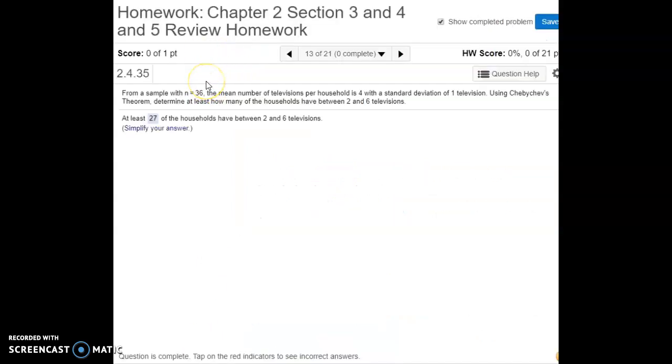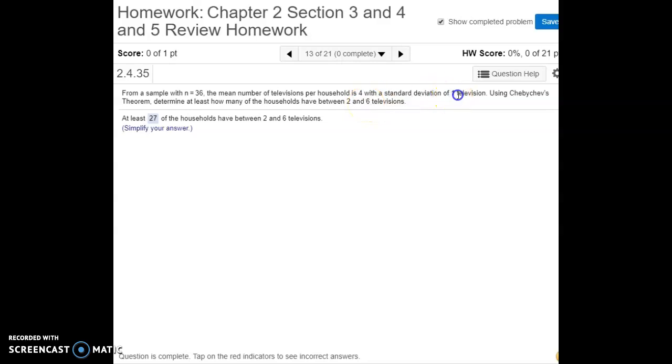We do not know the distribution, but we're trying to find out how many of the households have between 2 and 6 televisions, and the mean was 4. So we need to figure out how many standard deviations away from 4 these end values are. Notice how 4 is right in the middle of these two end values.